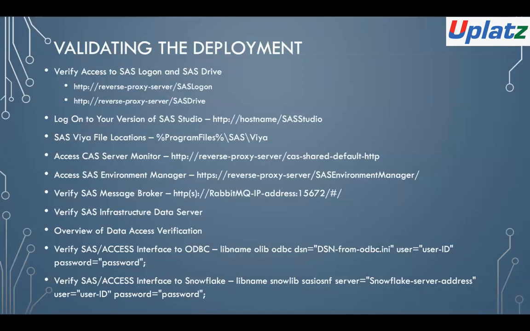And if you also have to do some configuration for Snowflake, the access interface to Snowflake, you will run the same libname statement in SAS Studio. And if you see results coming out in the results tab or output tab, it means that again our access interface to Snowflake is also successful.